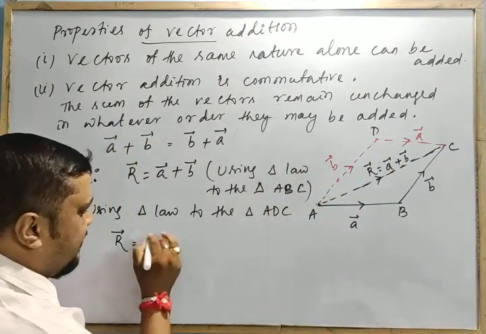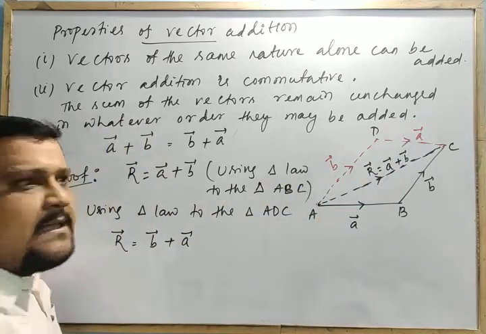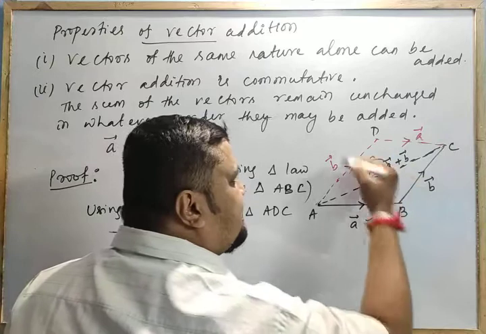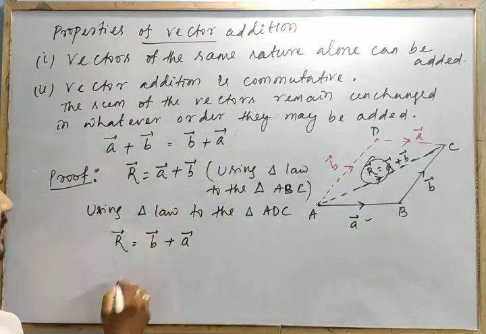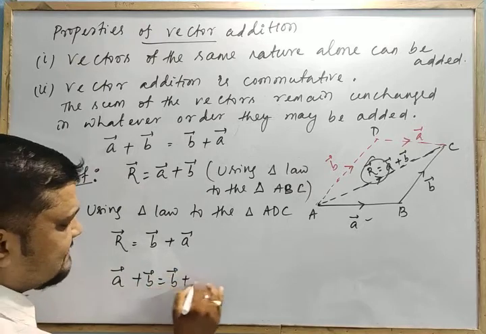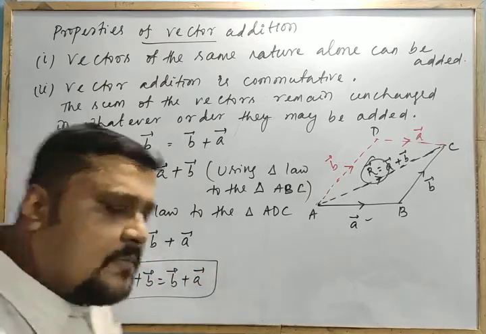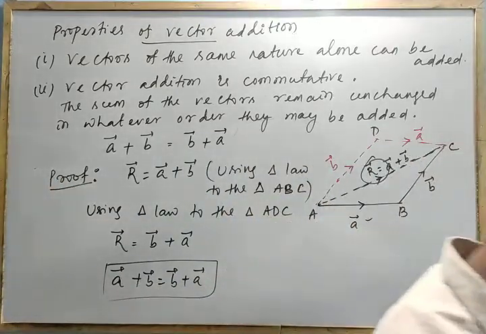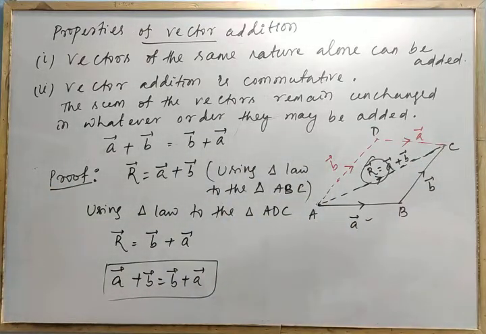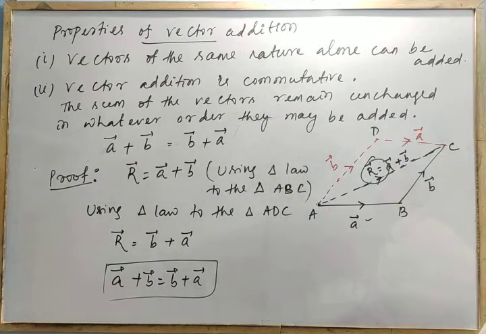R is equal to B plus A. So the same R represents A plus B and B plus A. So from these two, A plus B is equal to B plus A. Is that clear? This is the proof. This is known as vector addition is commutative. The sum of the vectors remains unchanged in whatever order they may be added.